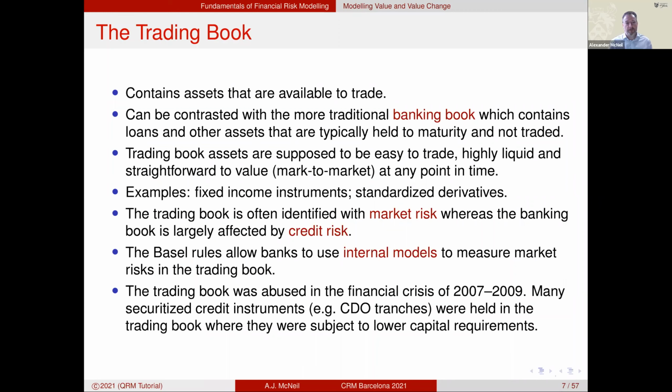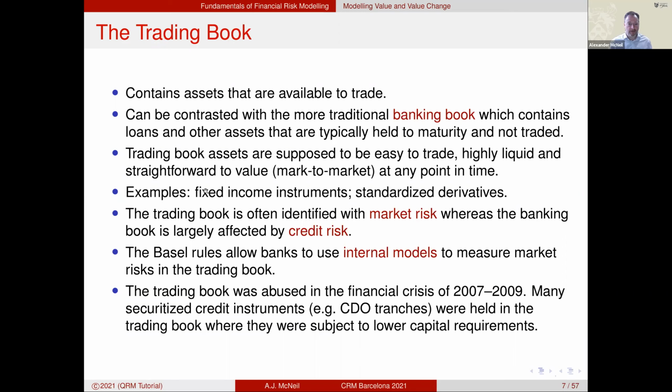If something appears in the trading book, then in theory, it should be easy to trade. It should be highly or relatively liquid, and it should be straightforward to value, to mark to market at any point in time. That's not necessarily true of everything in there, but in general, that's what you would expect.